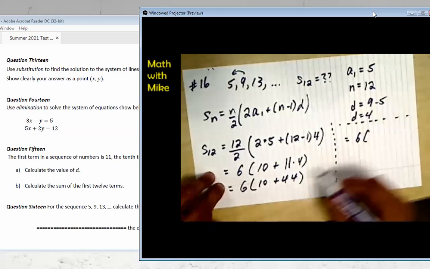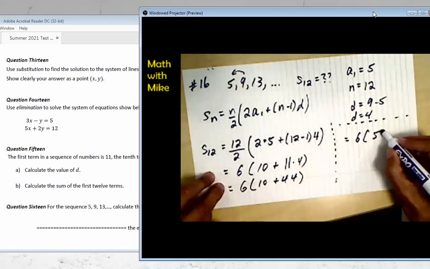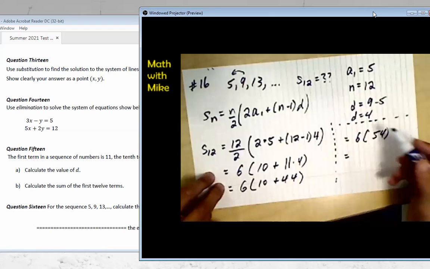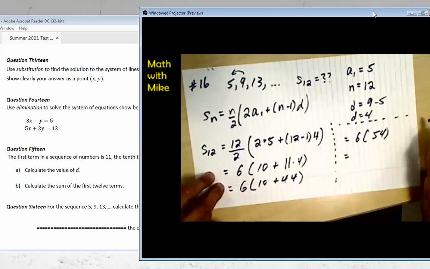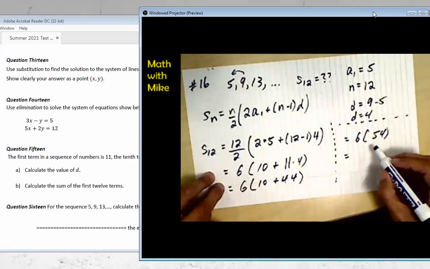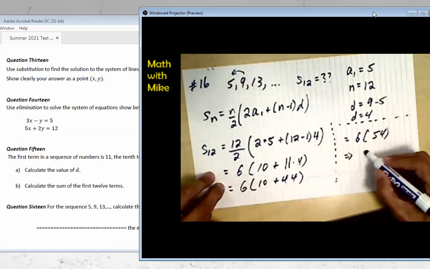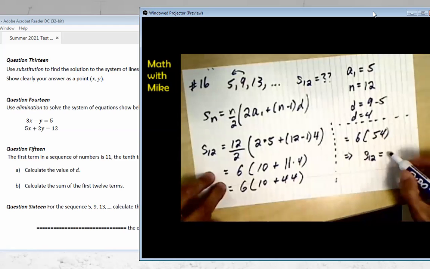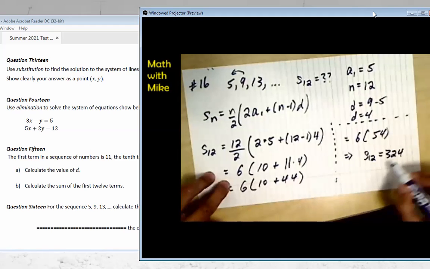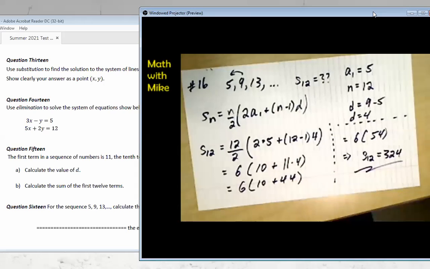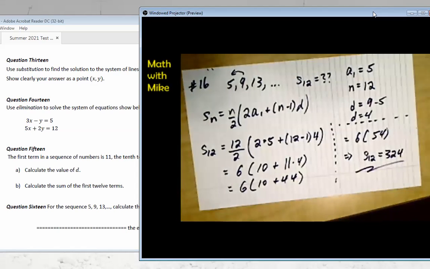Add up the brackets first. 54. That's pretty nice. 6 times 50 is 300, and then a 24. So a mini rainbow in a way. And then you get the final answer. Include that S12 there for professionalism. S12 is 324, finishing off the solutions for this test.